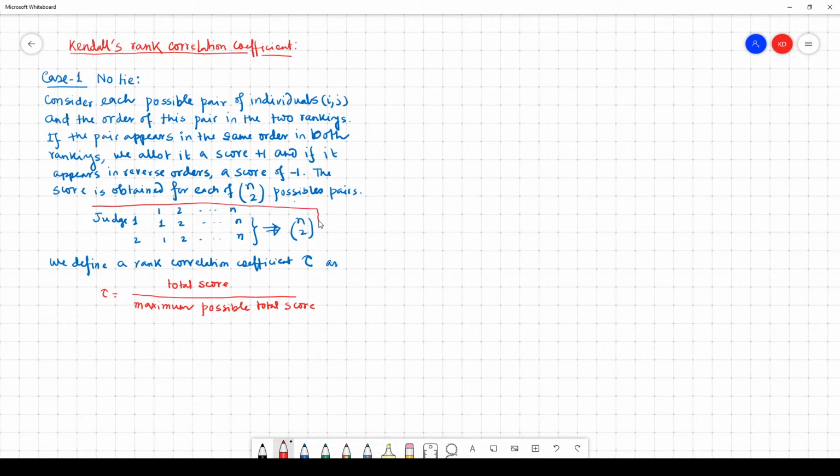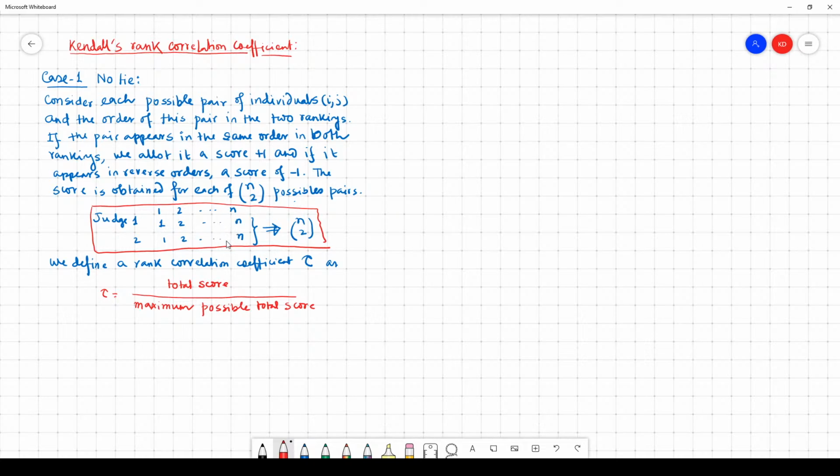That means judge 1 and judge 2 give the rank in the same order for each individual. That means judge 1 gives 1 to n, and judge 2 also gives 1 to n for the individuals 1 to n respectively.